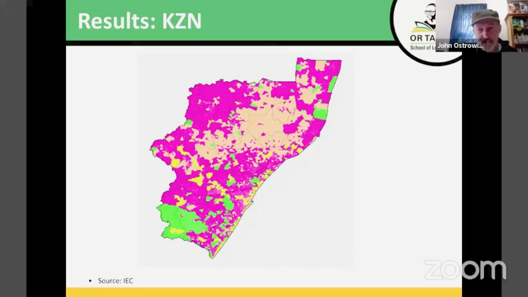And you'll see that the ANC tends to be next to the yellow of the DA. So what this means is if you look at that area, you'll see that on the map of a city, you'll see where the city is positioned. The city will be positioned where the yellow is, and then obviously the adjacent township is green, ANC. So again, black and white, people are voting by race. But there's a bit more nuance here because obviously there's the pink and magenta as well.